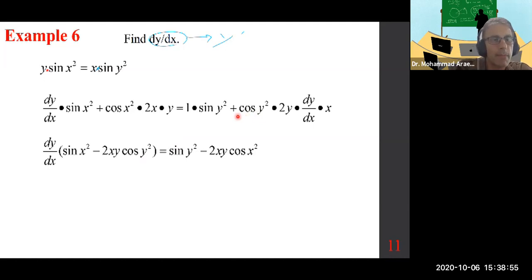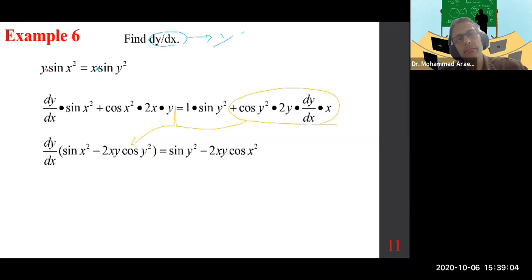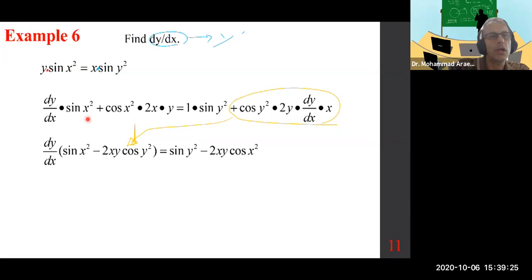This part, and you factor out the dy dx, it's negative 2xy cosine y squared. Now, sine y squared, and then you're going to move this one, becomes negative.